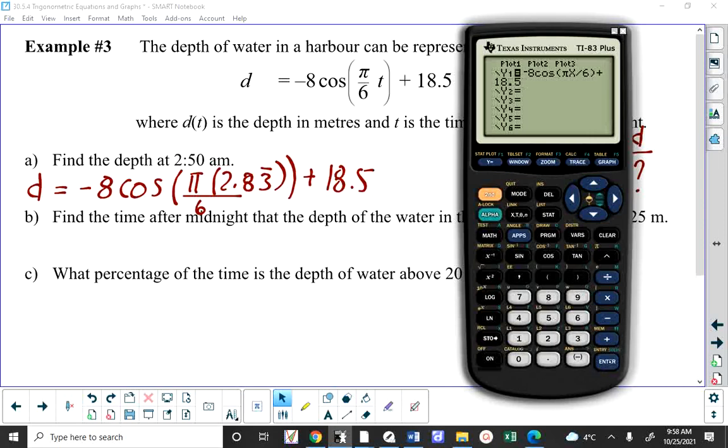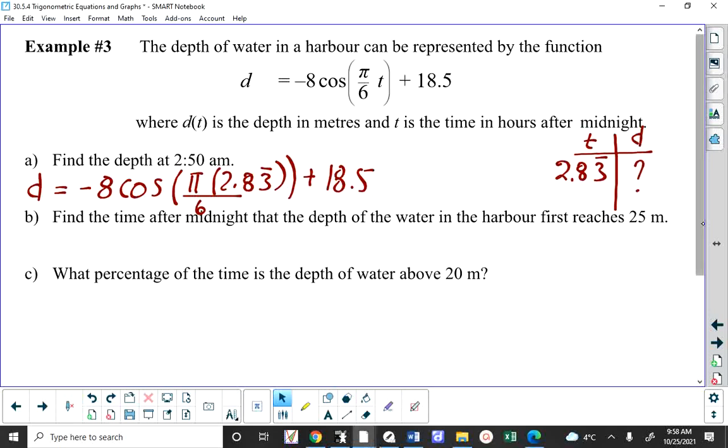And I'm going to go to my window settings. This graph has a midline of 18.5 and an amplitude of 8. So it's going to go 8 above 18.5, and it's going to go 8 below 18.5. 8 above 18.5 is 18.5 plus 8, which is a little bit less than 30.